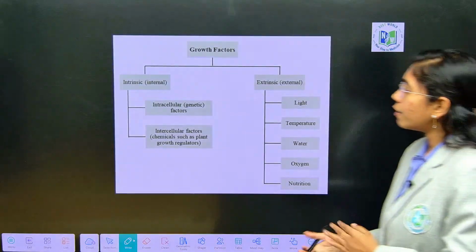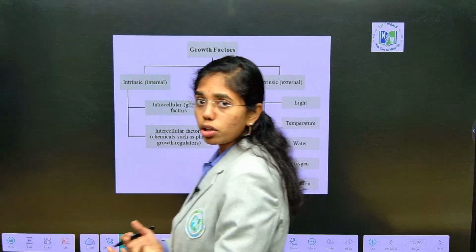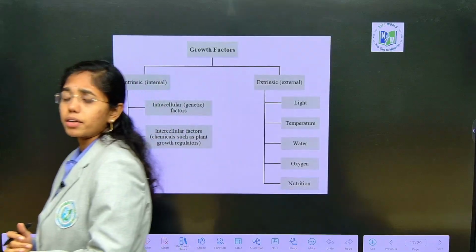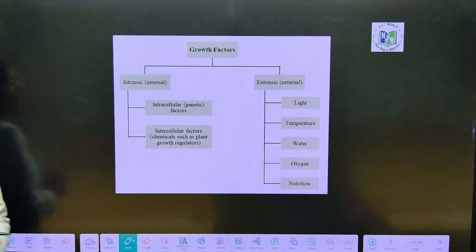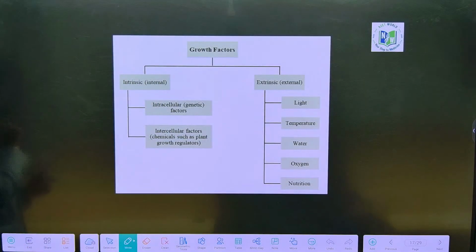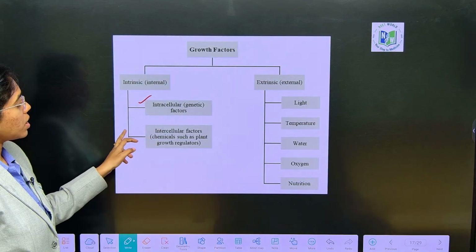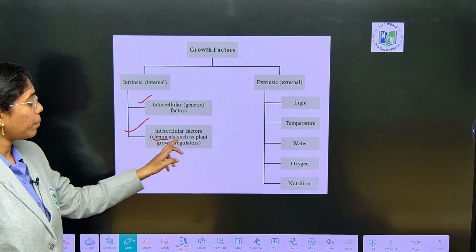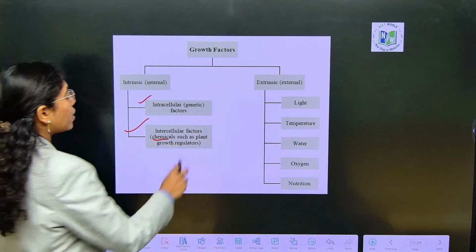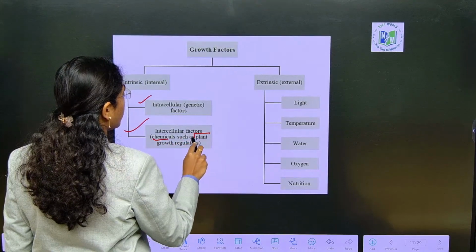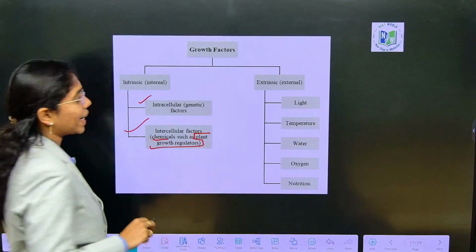Fine, right. And if you observe growth factors, growth of a plant is affected by many factors, both internal growth factors and external growth factors. Internal growth factors include intracellular genetic factors and intercellular factors like chemicals which are plant growth promoters. Now, we are going to learn about plant growth promoters in detail.